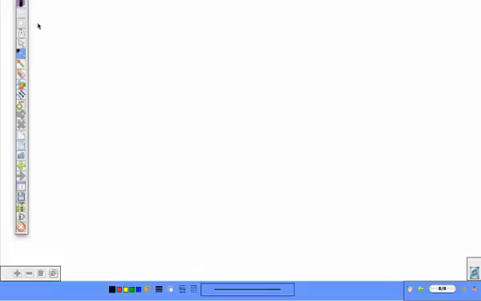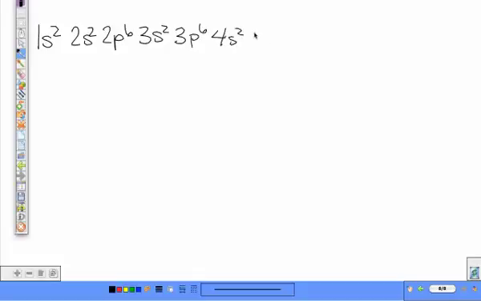So if we need to write out the whole complete electron configuration, we'd start at 1s2 and then what? 2s2. 3d10, yep. 4p6. Yep. So there's the complete electron configuration.